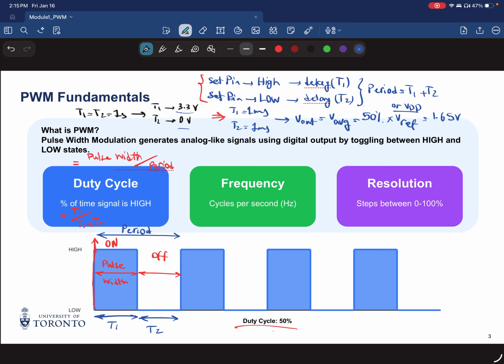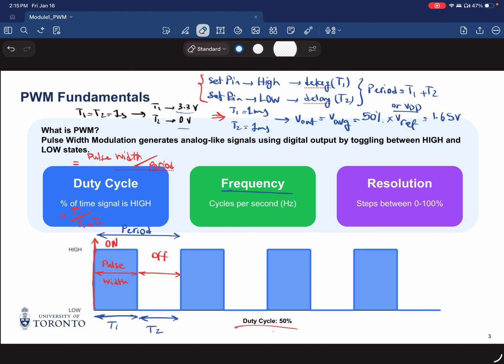So if we do this toggling fast enough, meaning that frequency matters, then we would get a voltage that looks like an analog voltage that is equal to duty cycle multiplied by VDD as the output.